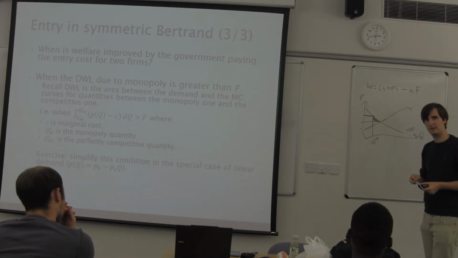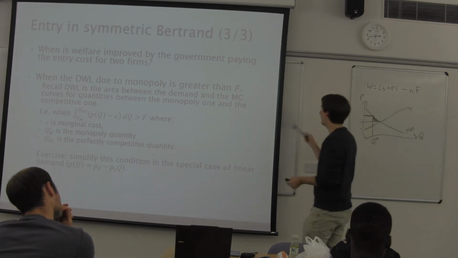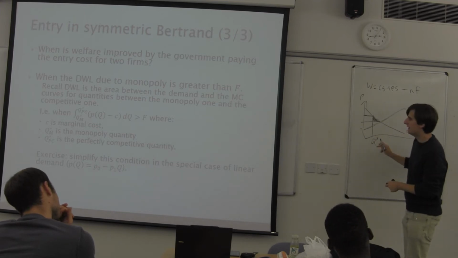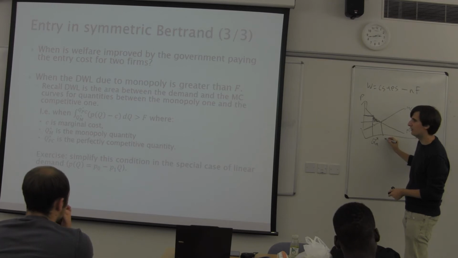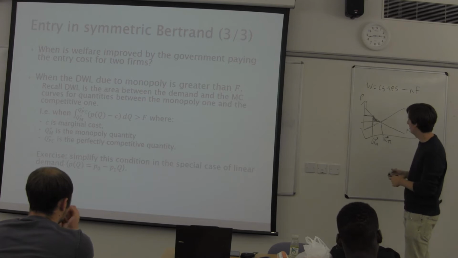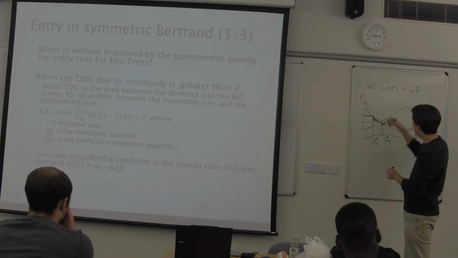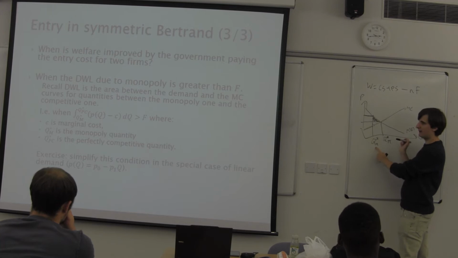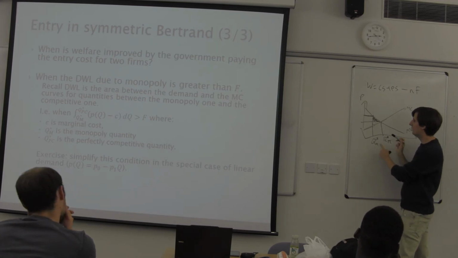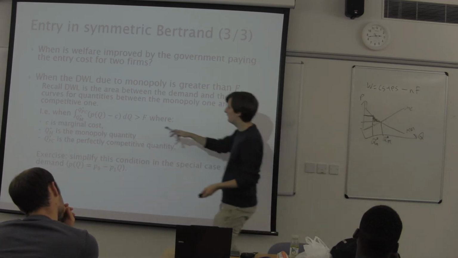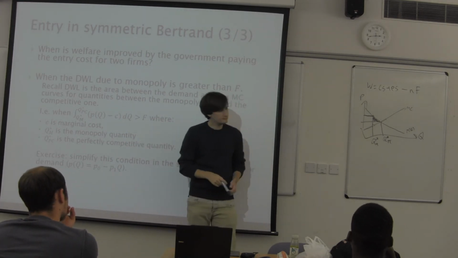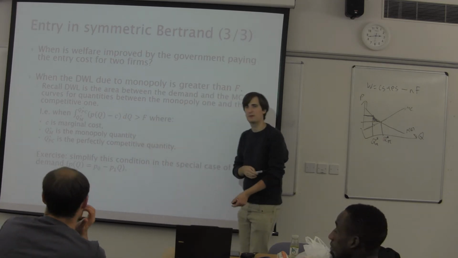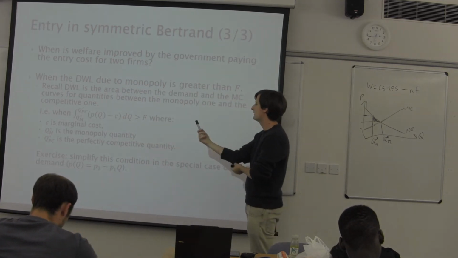Does that make sense? So you can write that as an integral. Here's the quantity produced under monopoly. Here's the quantity produced under perfect competition, which I'm calling Q star PC. So the deadweight loss is an integral from Q star M to Q star PC of the price minus marginal cost, in the simple case where marginal cost is constant.